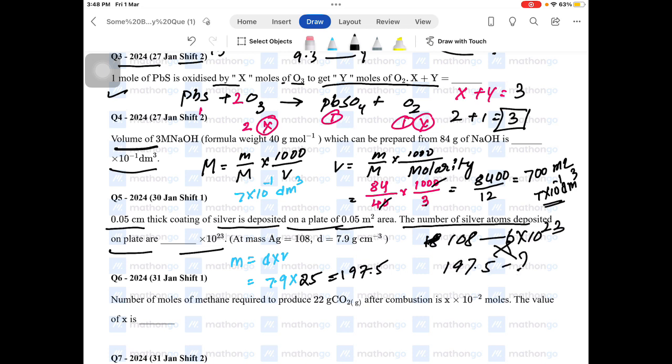Do cross multiplication. So 10.97 into 10 to the power of 23, that is approximately equal to 11 into 10 to the power of 23. Here the answer is 11.